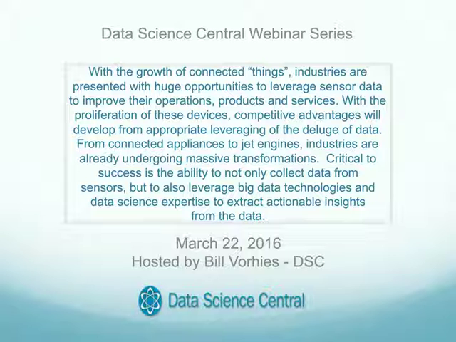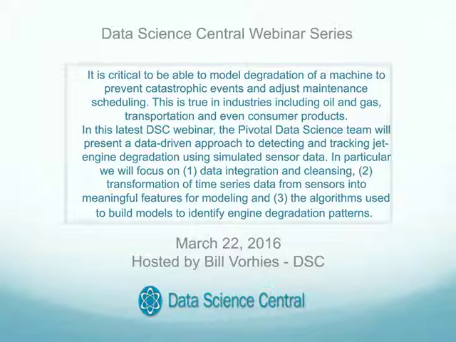From connected appliances to jet engines, industries are already undergoing massive transformations, and critical to success is the ability not only to collect data from sensors, but to also leverage big data technology and data science expertise to extract actionable insight from the data. It's critical to be able to model degradation of a machine to prevent catastrophic events and adjust maintenance scheduling.